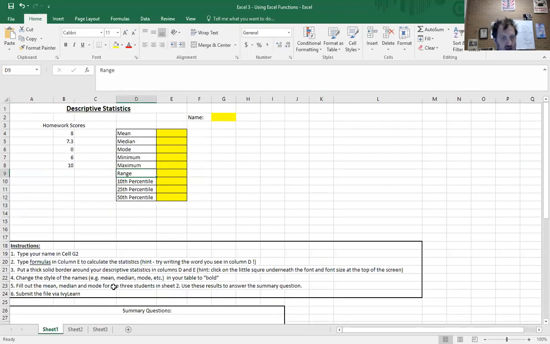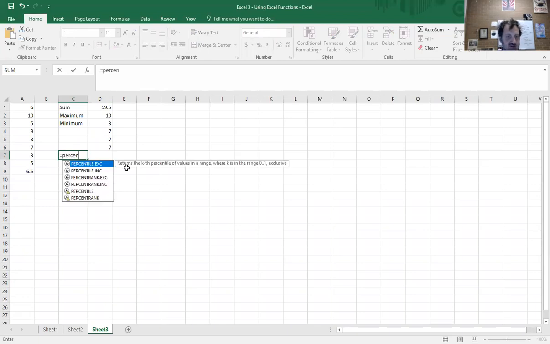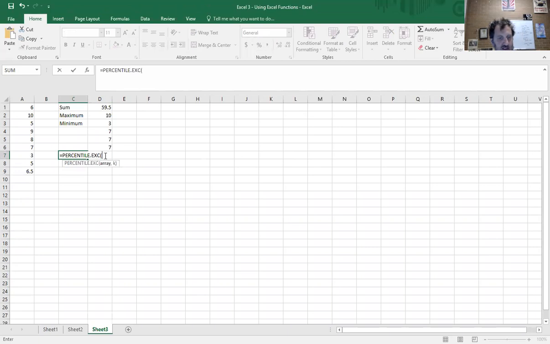So that's range. And then in terms of the percentiles, these are a little different. First of all, they're like mode in that they have lots of different options. Again, you could use percentile, you could use percentile exclusive. Let's use the percentile exclusive. It's the first one that comes up. And basically you do the same thing. You're going to put in the data that you want, but then we also have to put a comma, and then here we put the percentage that we're looking for.